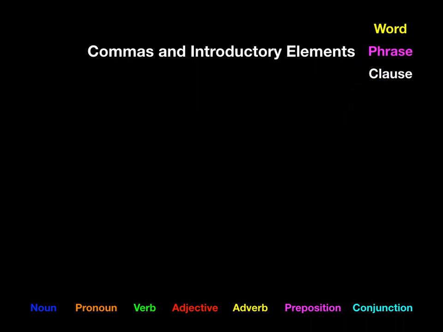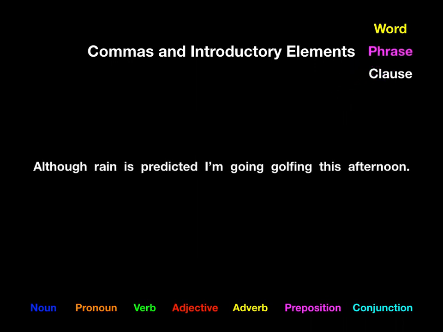Let's examine another sentence. Although rain is predicted, I'm going golfing this afternoon. Let's begin by identifying our verbs. We should note the verbs "am going" as well as "is predicted." We then need to identify our subjects.